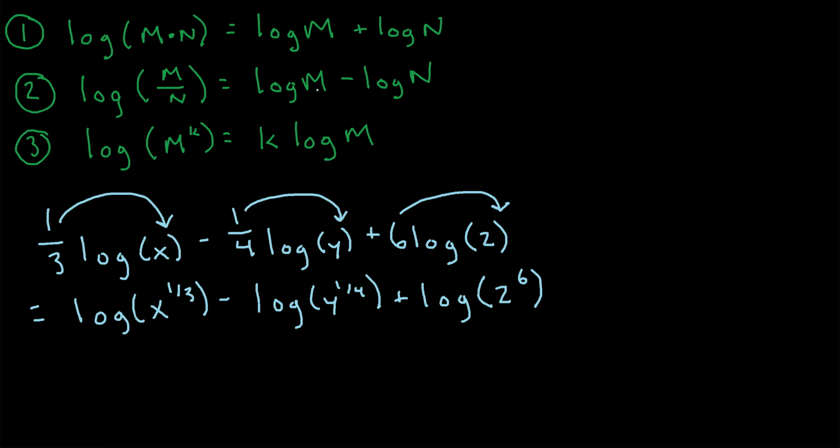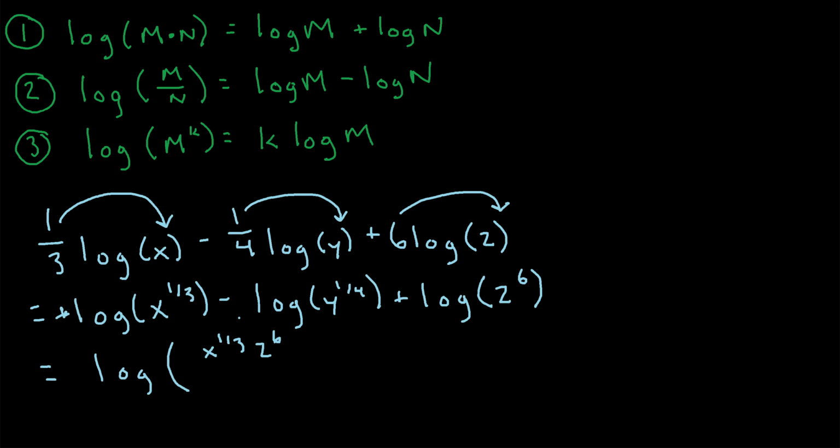And similarly, when we have log of m minus log of n, we can throw the n on the denominator of a fraction. So if we rewrite this whole expression, we can say log, whatever values have a positive term. So for example, this is a positive, and down here we have a positive log z of 6. The positive terms can be written in the numerator. So we would say x to the 1/3 times z to the 6th.